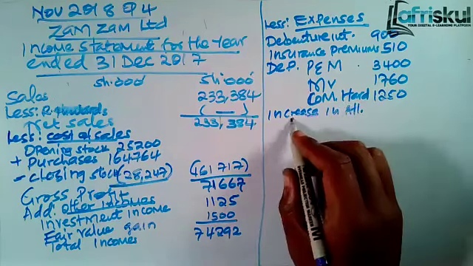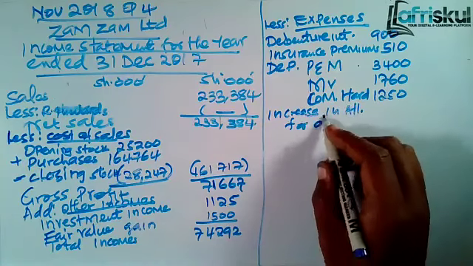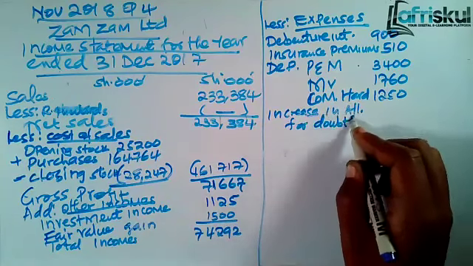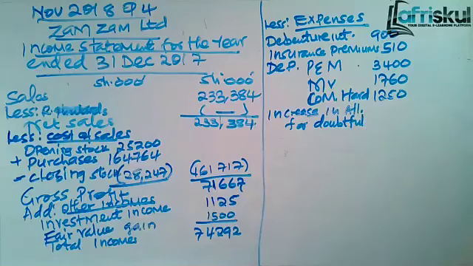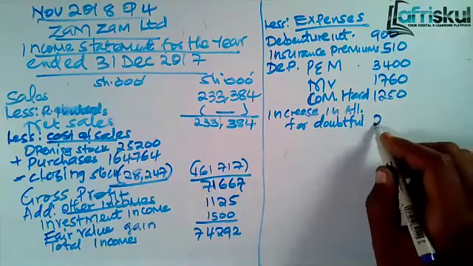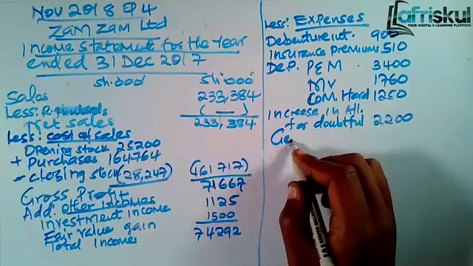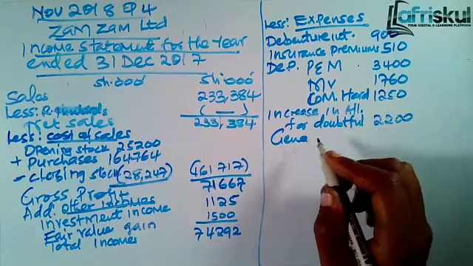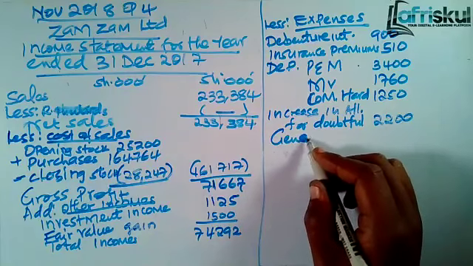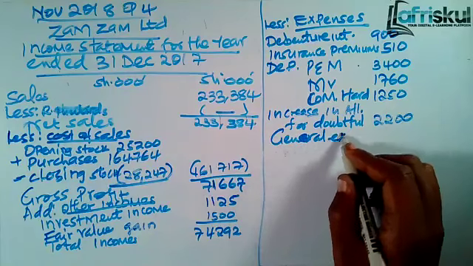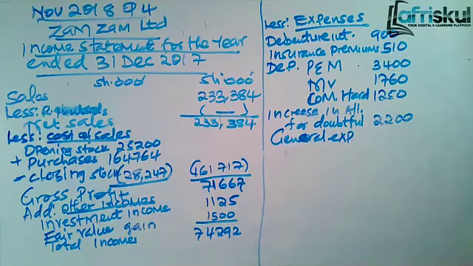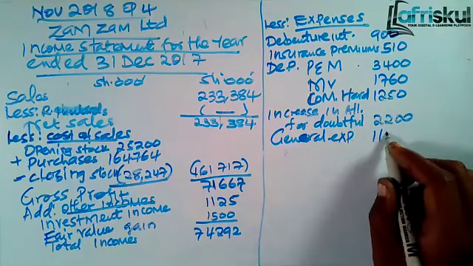Allowance for doubtful debts, which was an increase of an amount of 2,200 from our notes. Then again, we also have the general expense on the trial balance, which is giving us a value of 11,020.